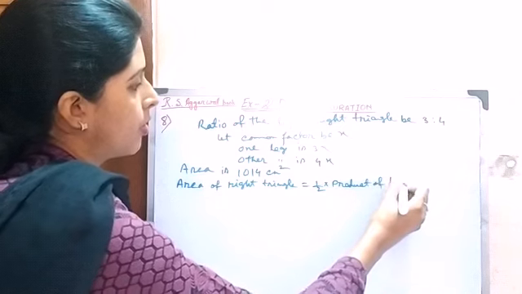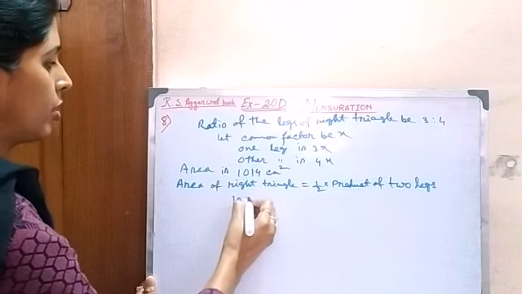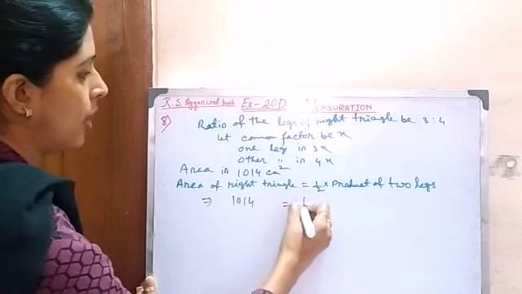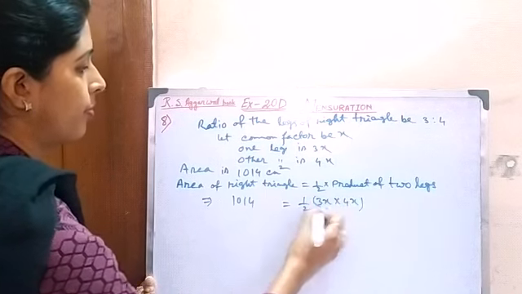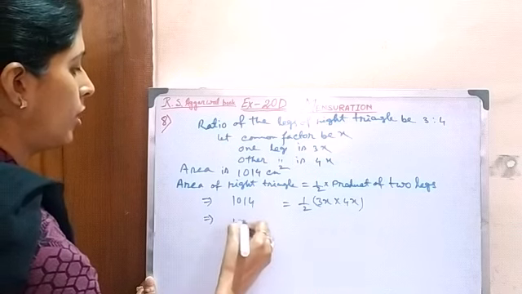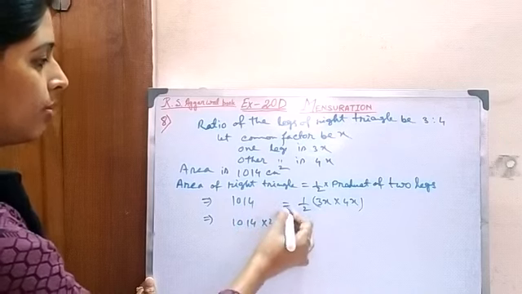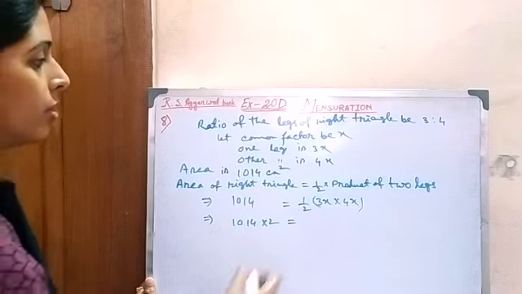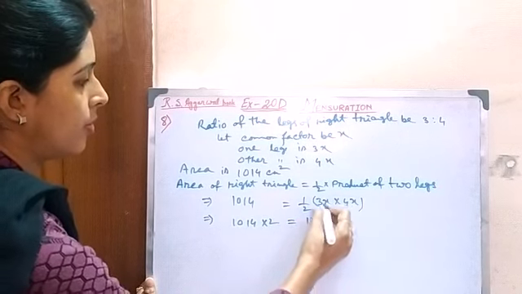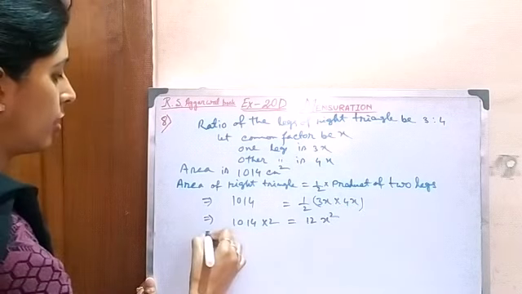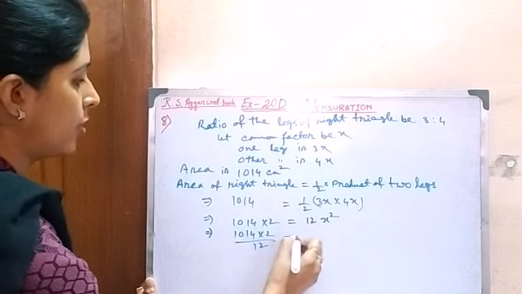I am putting the value, half into 3x into 4x. Now 1014 into 2, this 2 will come upwards on this side of the equal to, then 3 4s are 12, x square. 1014 into 2 divided by 12 equal to x square.